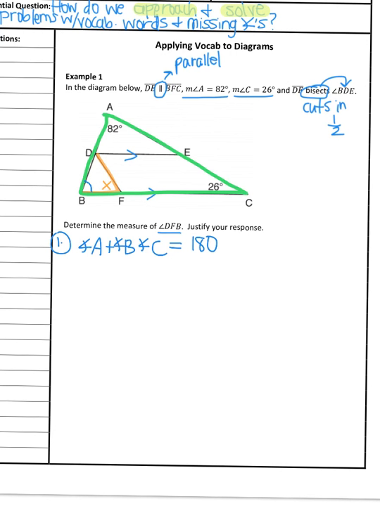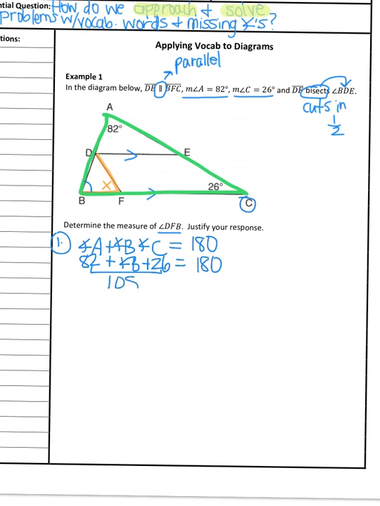So my angle A is 82. I'm going to plug in 82 degrees there. Plus my angle B is what we don't know yet, so I'm going to just leave it as angle B. And then plus angle C, which is down here, is 26 degrees, equals 180. Okay, so between these 3 angles, 82 plus 26 is 108.